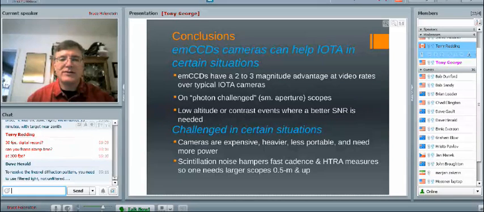They are challenged in certain circumstances because they're a lot more expensive. They're heavier, on the order of 6 or 7 pounds versus several ounces. You need to have a decent mount on your telescope or have it fixed and aimed at a certain point in the sky. They are less portable.